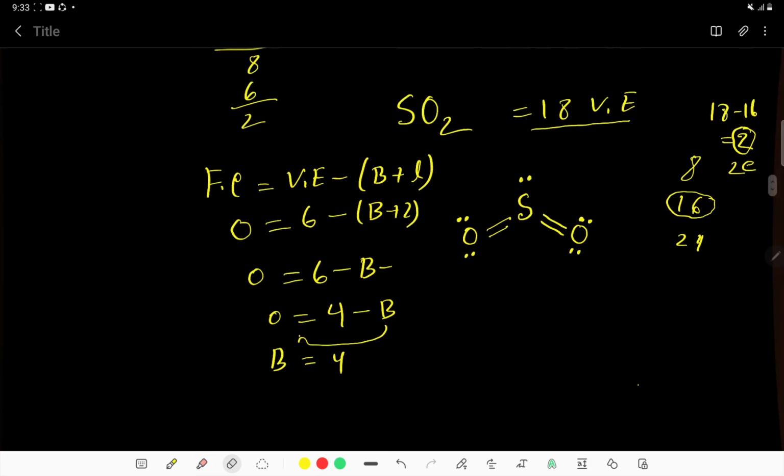Okay, so now you know how to find out the formal charge of each atom in sulfur dioxide. Now I am going to discuss the hybridization of sulfur dioxide. Look, for hybridization, here we have pi bond and sigma bond, pi bond, sigma bond, but for finding hybridization we don't consider pi bonds.